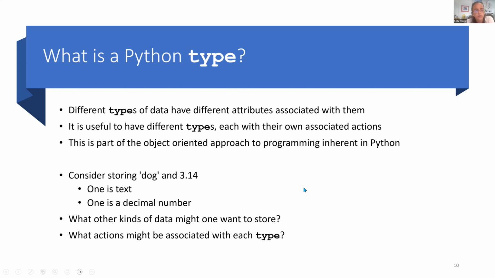And can you think of even other kinds of data that we'll store with them, and what are the kinds of actions that you'll want to do with them? We'll get to see a few today, and also the concept of type can be much more broad in Python, even to extend to data structures, such as a list of items. So we will see what those various types are and what one might do with them.